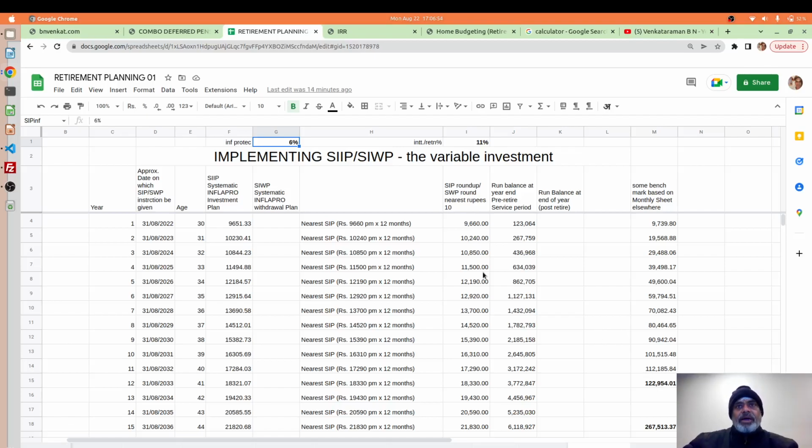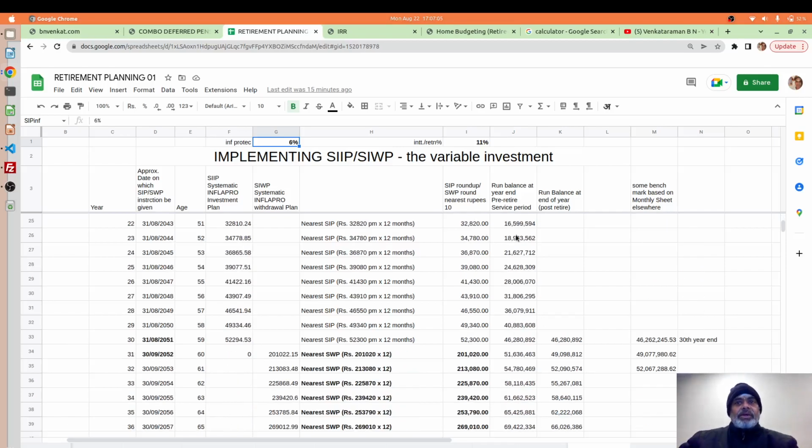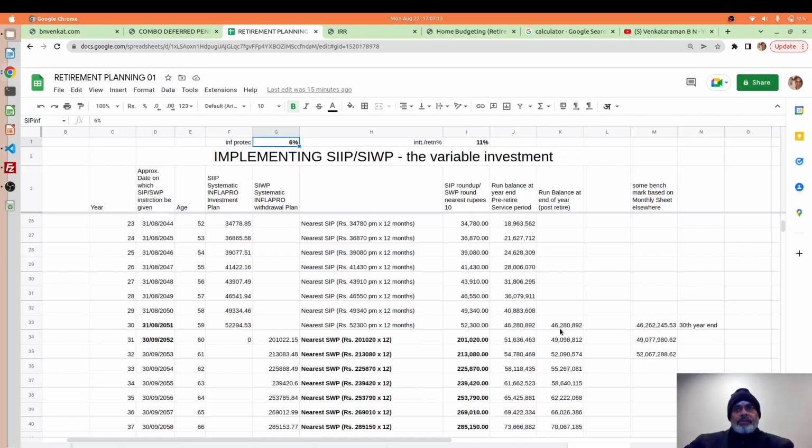Now we have 1,23,000. That's slightly more than what we had, because we have rounded upward. Like this, it continues for the investment period. At the end of the investment period, it is 4 crore 62 lakh. This figure is also slightly higher than the benchmark figure.